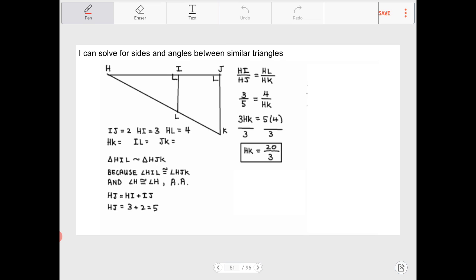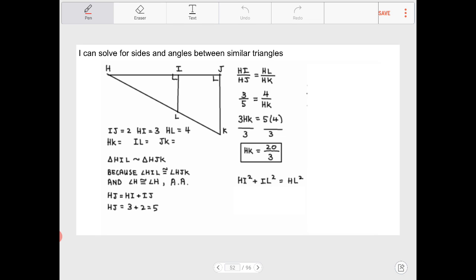So our goal now is to find the length of IL, and then lastly, the length of JK. I'm going to find out what IL is first, and then after I find IL, I'm going to set up a proportion to find JK. Recognizing that triangle HIL is a right triangle, I can set up the Pythagorean theorem.